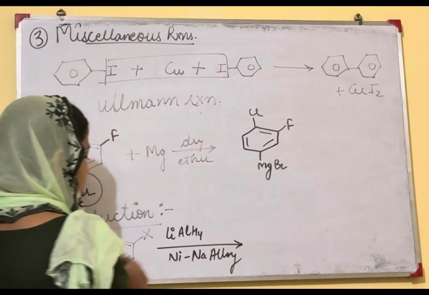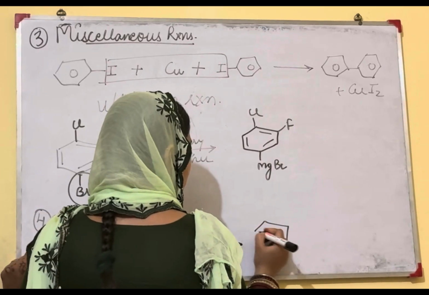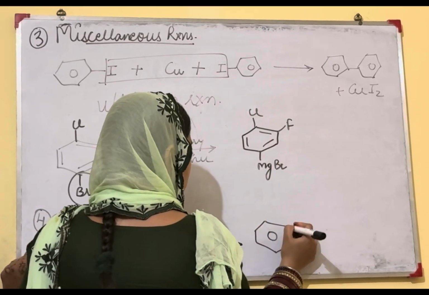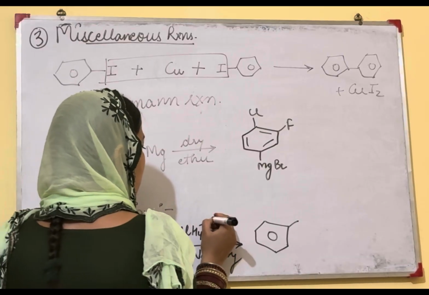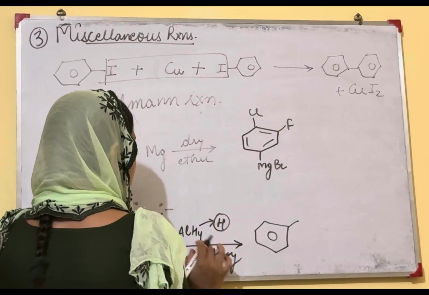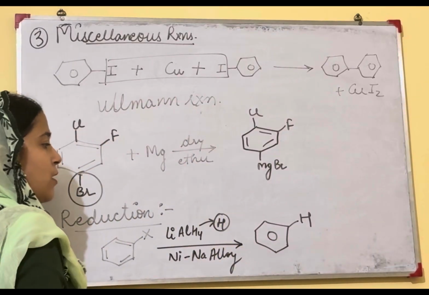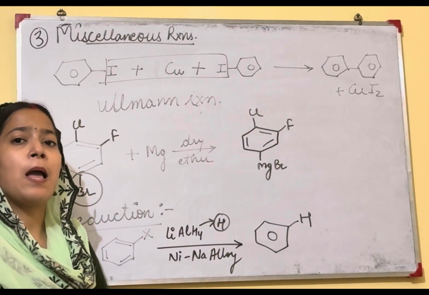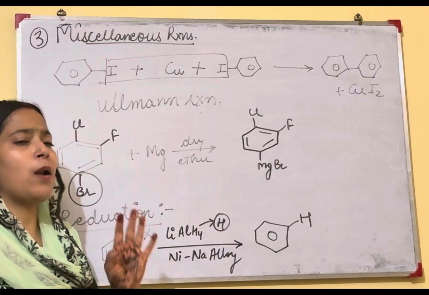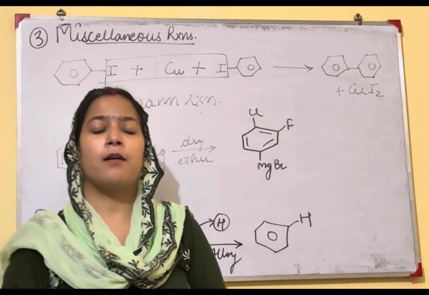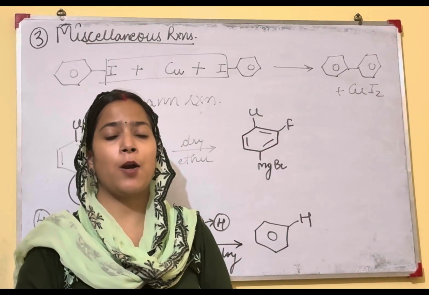You can use it as a reagent. Then what will happen? This will give the hydrogen. So here the addition of hydrogen takes place. Hydrogen will be attached here and it leads to the formation of benzene. That's all about the chemical reactions of haloarenes.